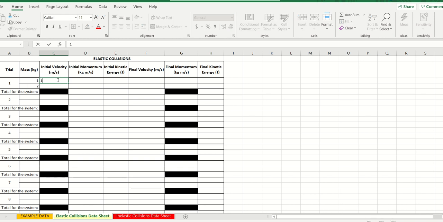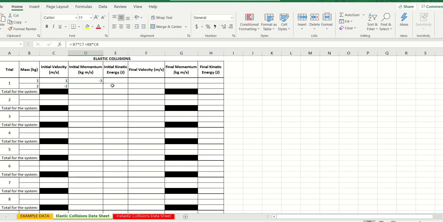Initial velocity was 1 here for mass 1, initial velocity was -2 here for mass 2. The initial momentum, you can use an Excel formula, it's going to be equal to this times this plus this times this. You get -3.